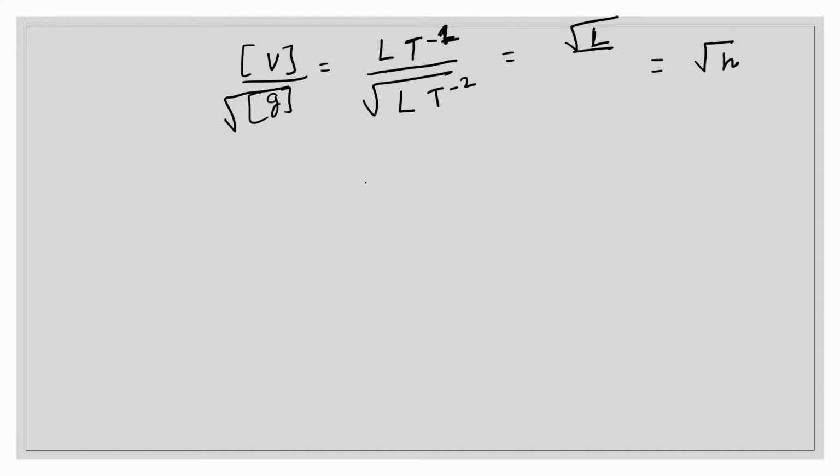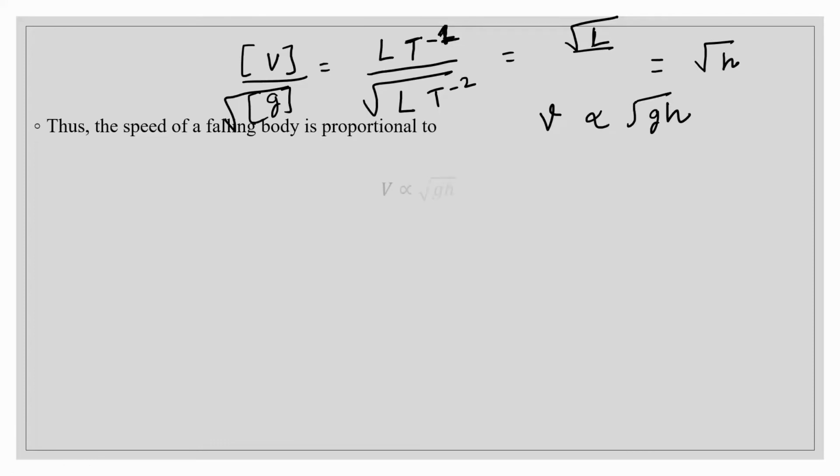So we can write v is proportional to the square root of g into h. Thus we got the relationship that the speed is equal to some constant into the square root of g into h.